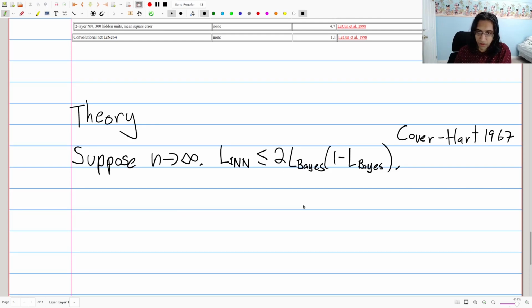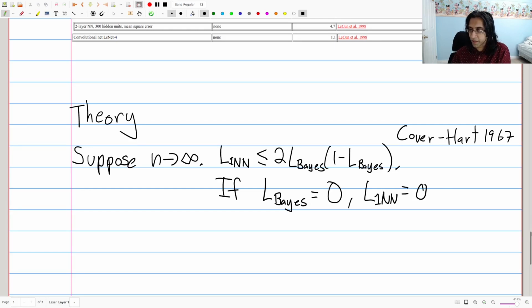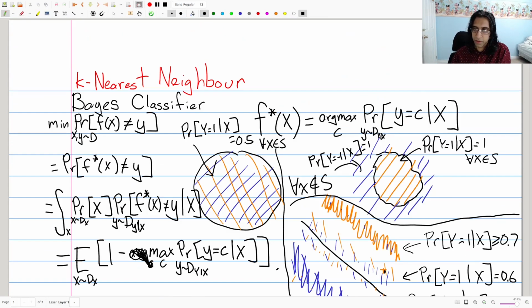Let's look at some sort of extreme cases. Suppose, for example, L Bayes, if the best classifier, can perfectly predict things, then just plugging it in, that'll give you L one nearest neighbor is equal to 0. Recall from the beginning of today's lecture that this corresponds to the image where everything can be predicted perfectly by the Bayes classifier. Then the one nearest neighbor will predict perfectly.